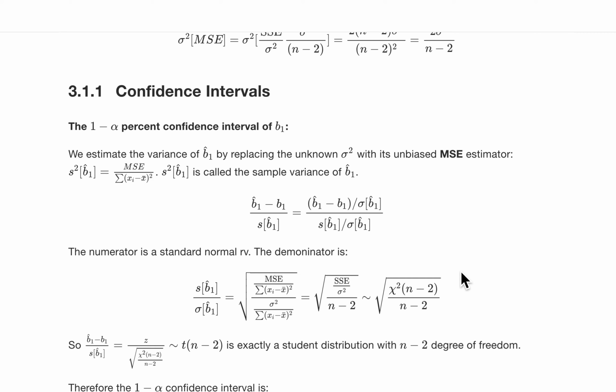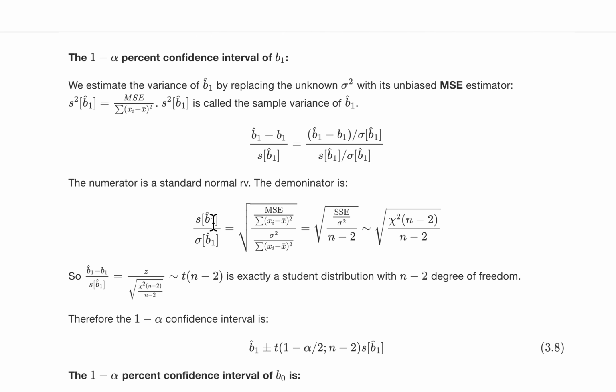B1 hat is an unbiased estimate of B1, so if we subtract its mean B1 and divide by its standard deviation, we're expecting to have a good statistic, right? But we don't know the variance of B1 hat because we don't know sigma squared, which is an unknown parameter. So we're going to replace that unknown parameter with its unbiased estimate, the mean square error, MSE.